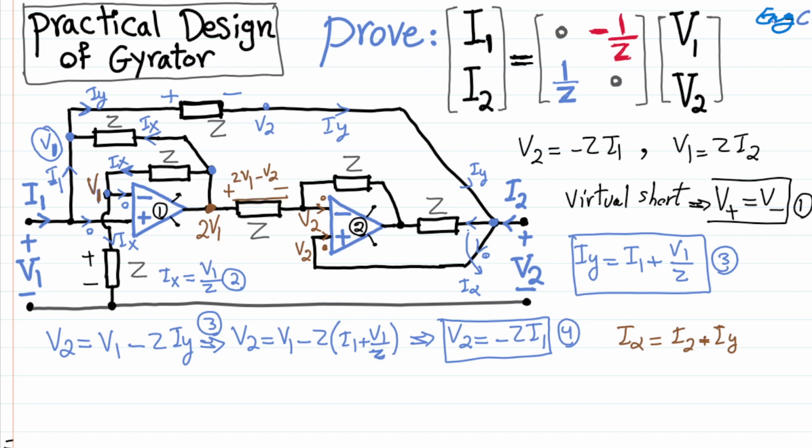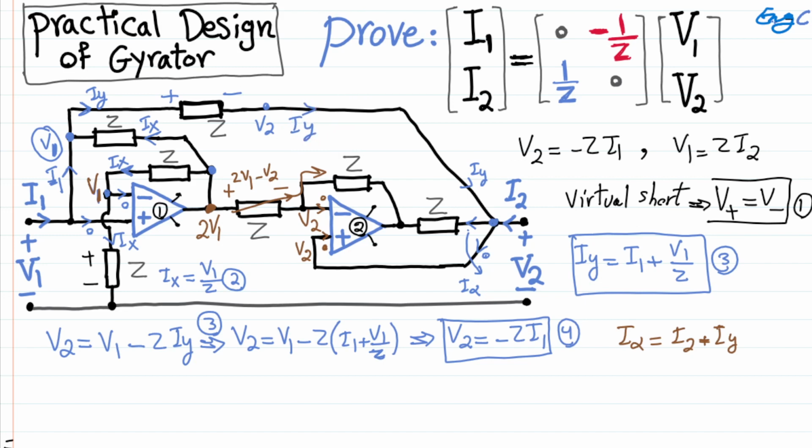That same current has no other way to go, and the only way it can go is to continue going upward to this impedance Z, and then it will cause a voltage drop across that impedance.